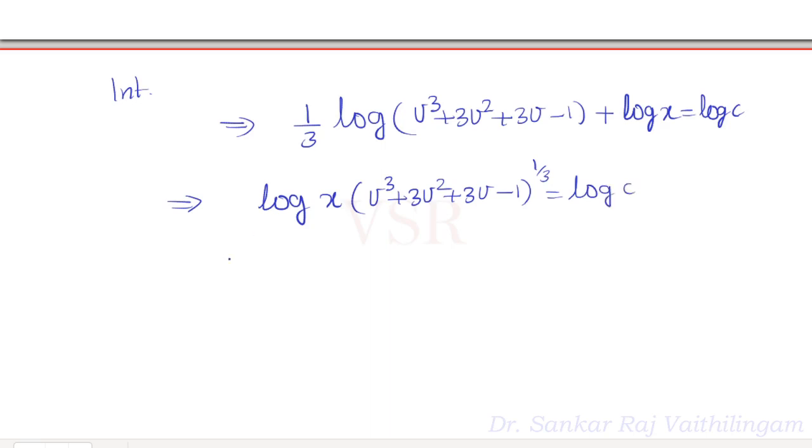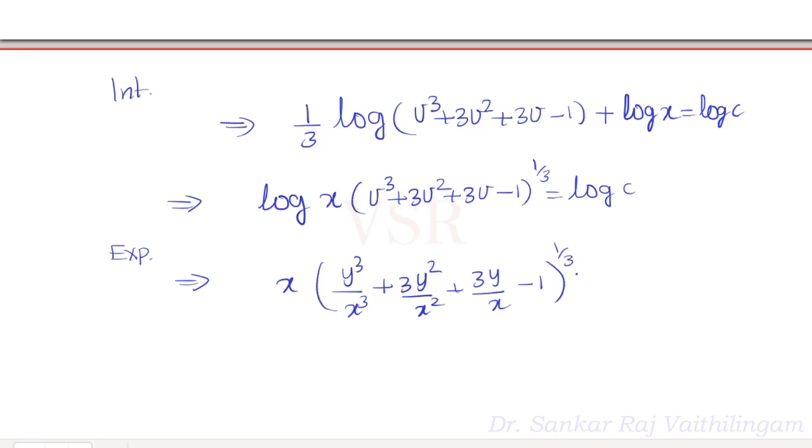So this implies that taking the exponential on both sides, we'll have x into y cube by x cube plus 3 y square by x square plus 3 y by x minus 1, the whole power 1 by 3, which is equal to c.